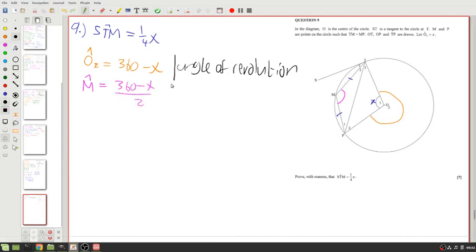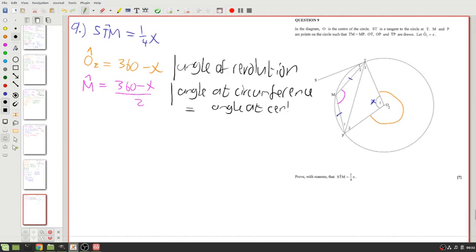And the reason for that is angle at the circumference equals the angle at the center divided by 2. Okay, so angle at the circumference, M, is angle at the center, O2, divided by 2. Perfect. So far we have angle M.